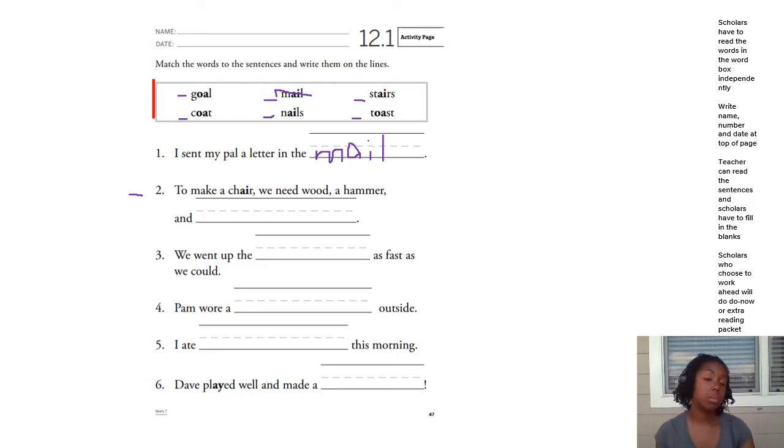The word that makes the most sense in the sentence, to make a chair, we need wood, a hammer, and nails. So I'm going to write the word nails in the blank. Please make sure you have better penmanship than Ms. Jackson. Make sure once you're done writing the word, go back up to the word box, cross it out with one line only.